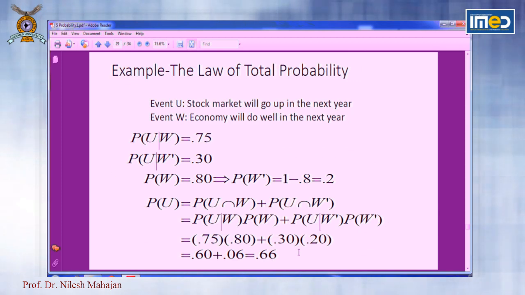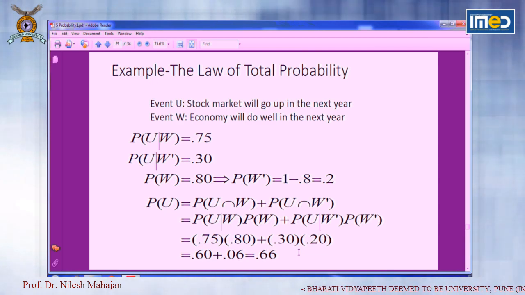Now we take an example. Suppose the stock market will go up in the next year, that is one event, called U, and event W is that the economy will do well in the next year. So U is the stock market going up in the next year, and W is the economy doing well in the next year.